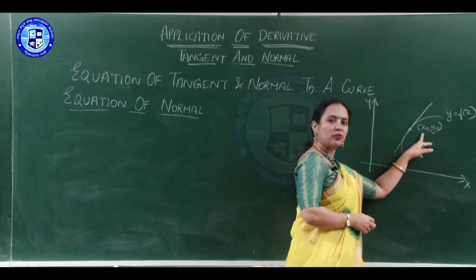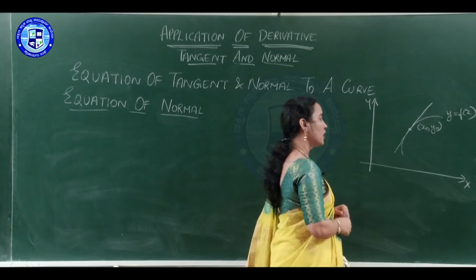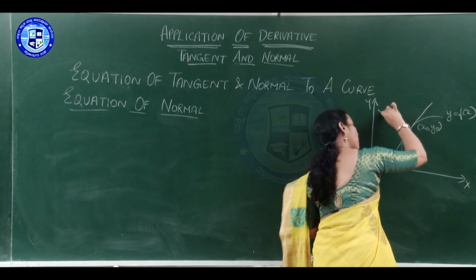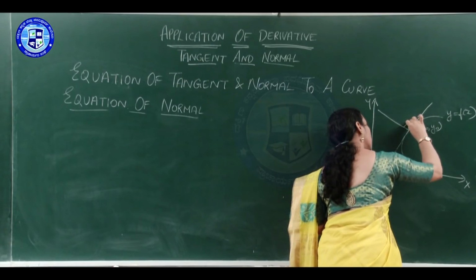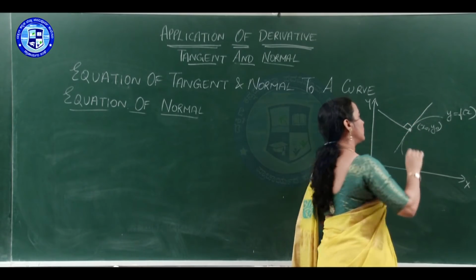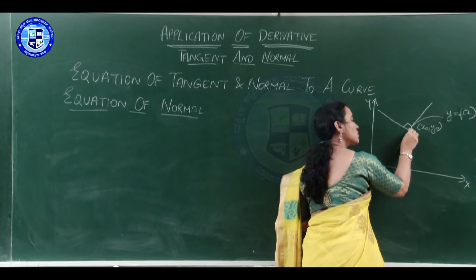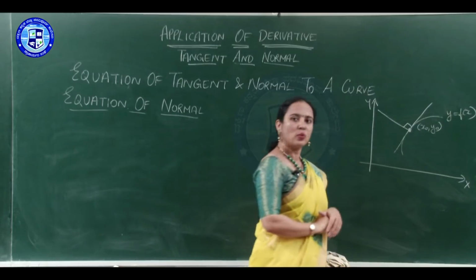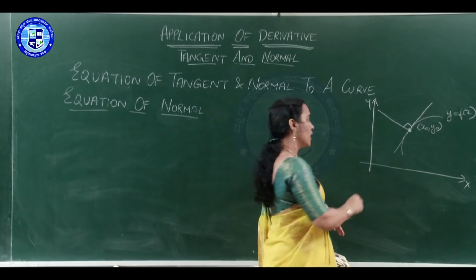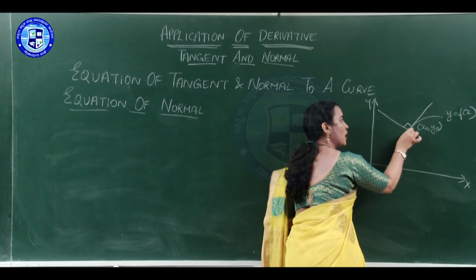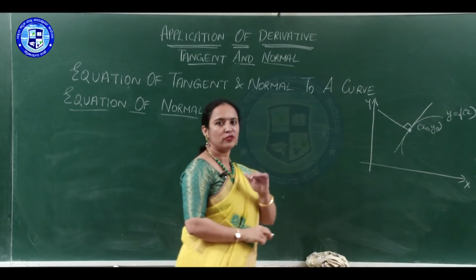This point we call the point of contact. Now what is a normal? A normal is a line which is perpendicular to the tangent and passes through the same point of contact, x naught, y naught.